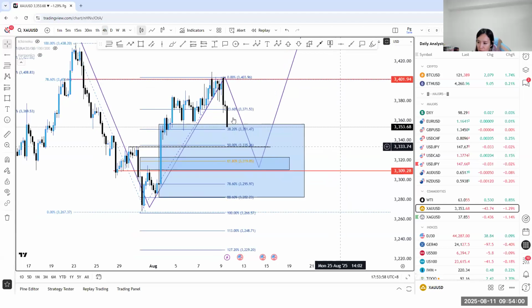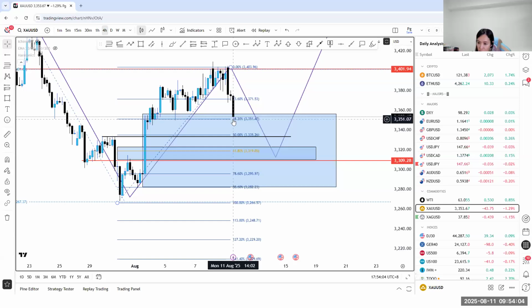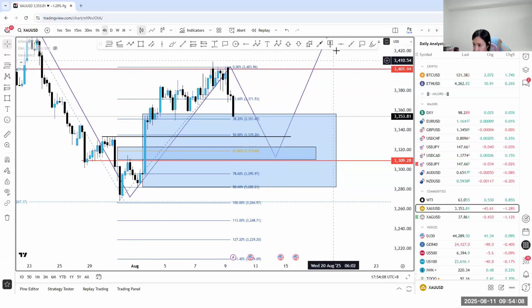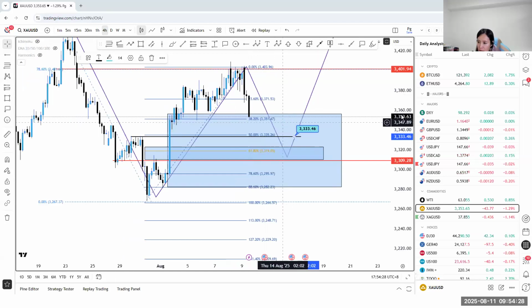It might come from this 38.2 for the first retrace, or somewhere around here, or to this support level at double three. So we need to see. So I'll come back here again.